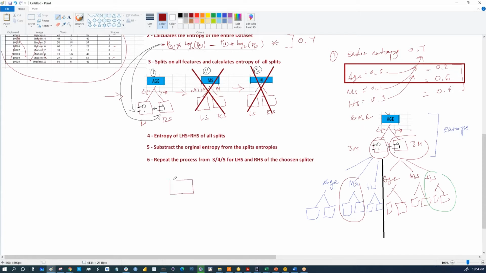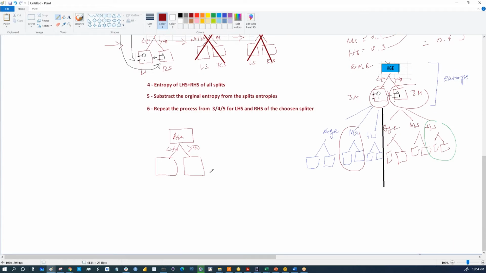The first split on age, 40. The second, for the left-hand side, is going to be split on hour spent, and the second one is going to be split on marital status.